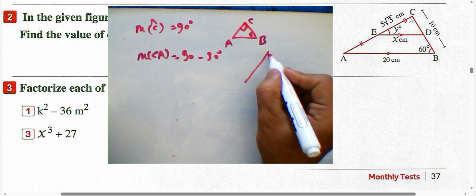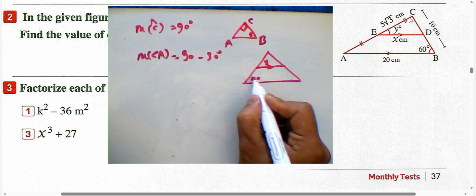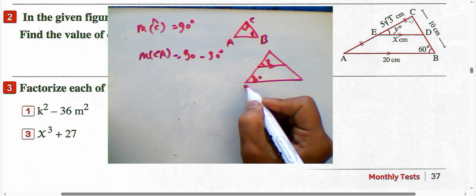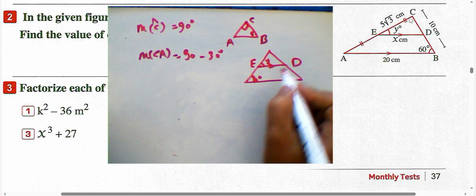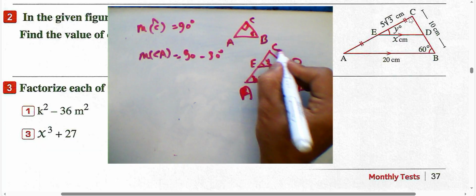Now we want to find the measure of angle Y. This is 30 degrees. We have here corresponding angles. We have ED parallel to AP and CA transversal of them.